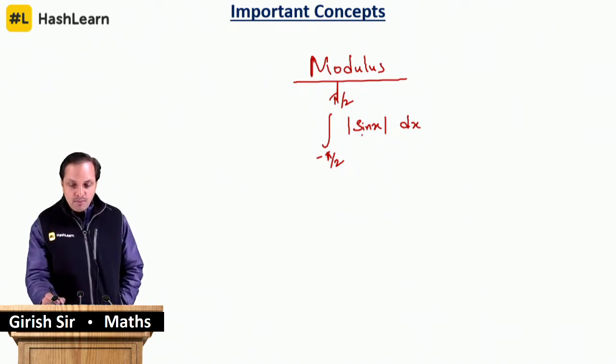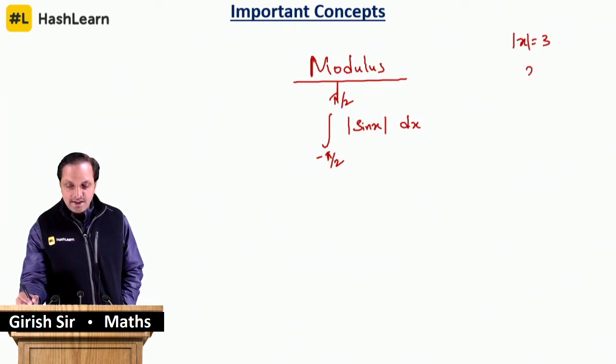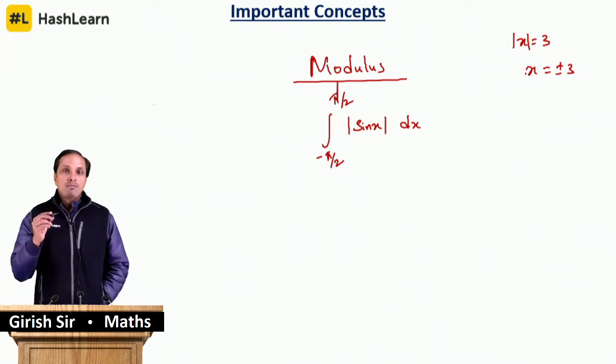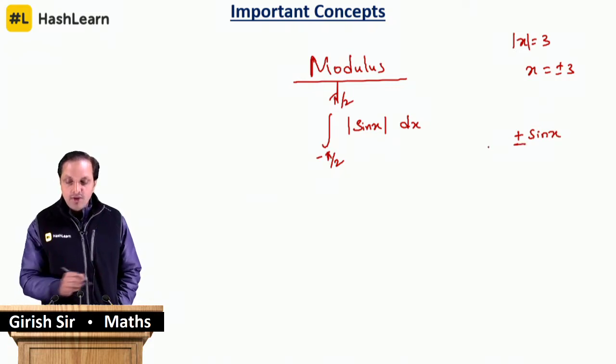You know that mod means, if mod x is equal to 3, you will say x is plus 3 and also it is minus 3. So mod sin x means it will behave as plus sin x and also minus sin x.